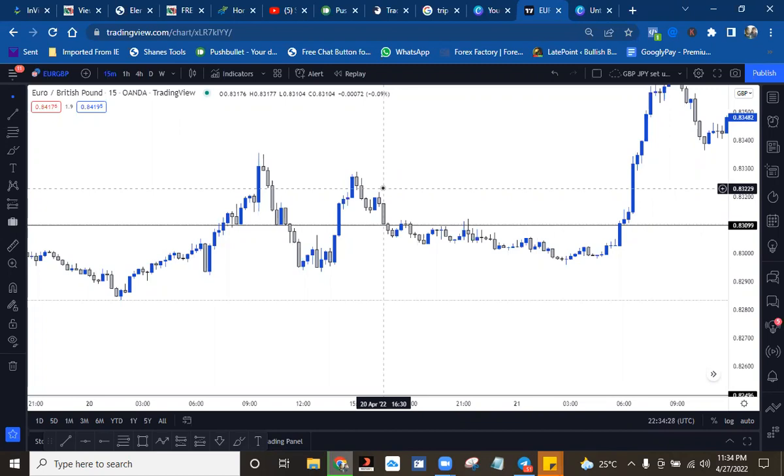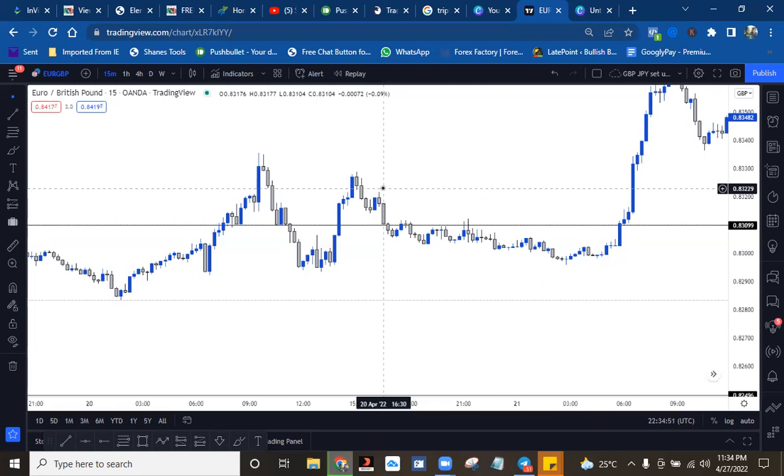We have the 1 minute time frame, meaning that in 1 minute this is what price did, or this is how the bulls or the bears moved. We have the 5 minute time frame. In 5 minutes, this was what happened.